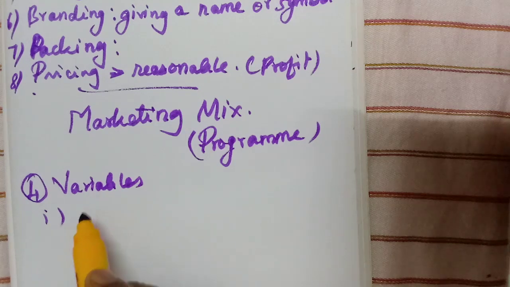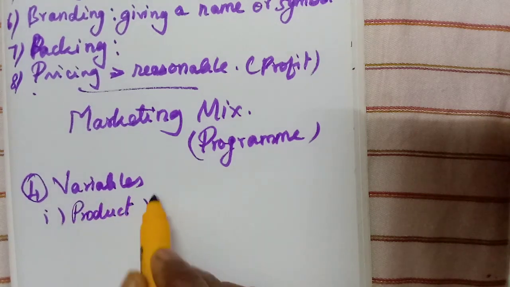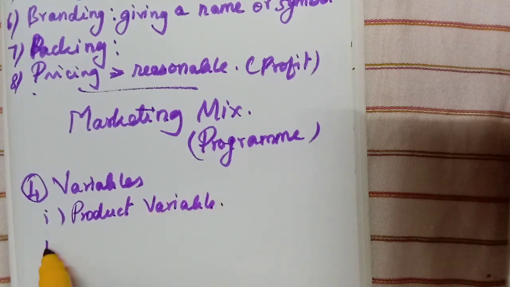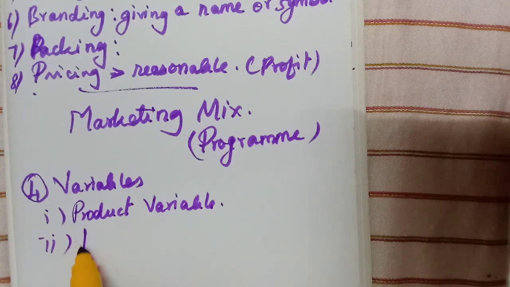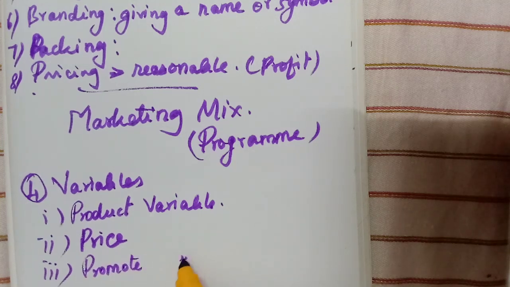One, product variable. Without product we cannot do anything, isn't it? So that is the first one, product. Then price. Product variable, price variable, promotion variable. They have to promote, that means advertisement. There only the marketing comes, isn't it? What we say marketing means the advertising, promotion.